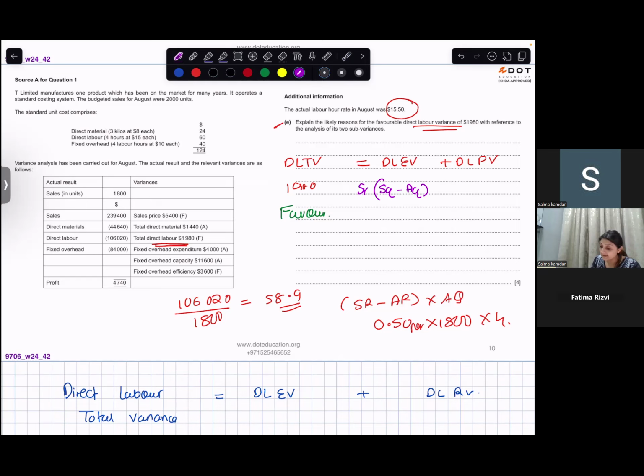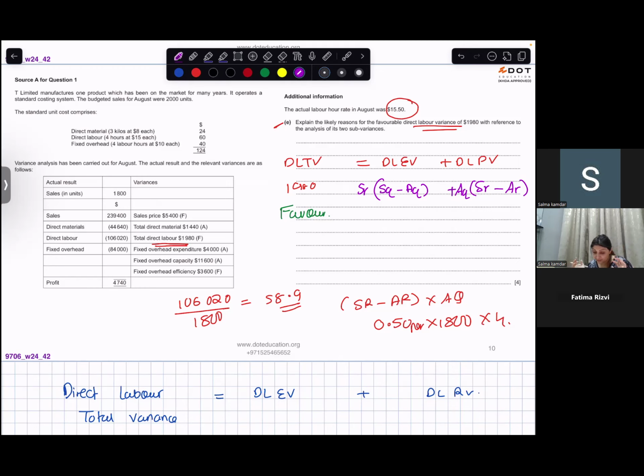And price variance: standard rate minus actual rate, times actual quantity. So I need to know my rate per hour and the actual quantity that I have used. These are the only things I need to know.